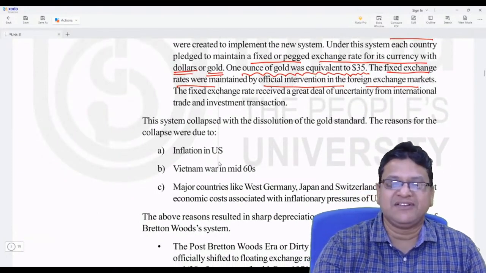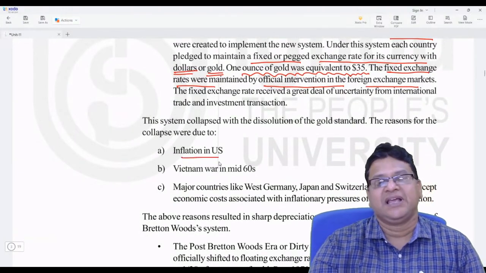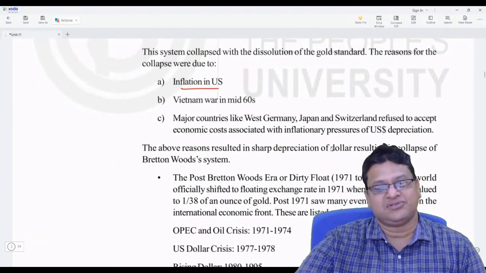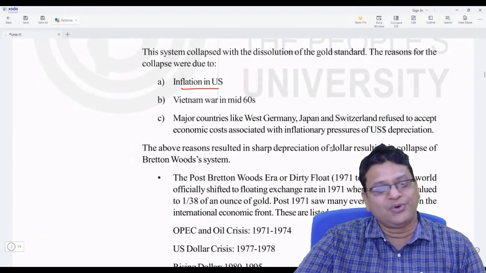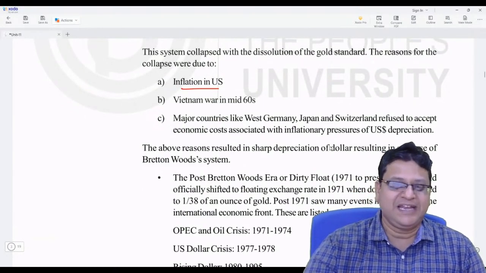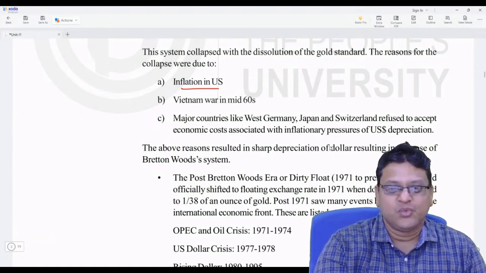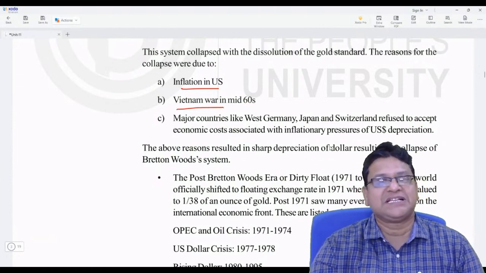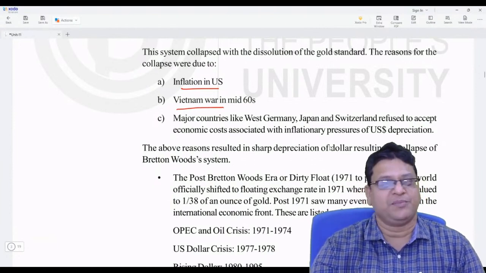First, there was inflation in the USA. Hence, the US currency depreciated a lot. 1 ounce of gold was not equivalent to $35. Again, during the Vietnam War, the US spent a lot, which created inflationary pressure in the US economy.